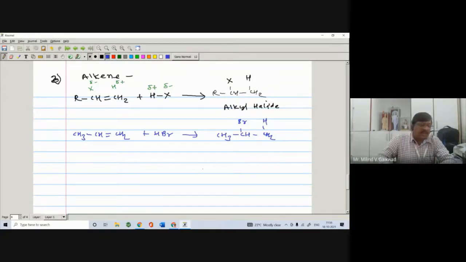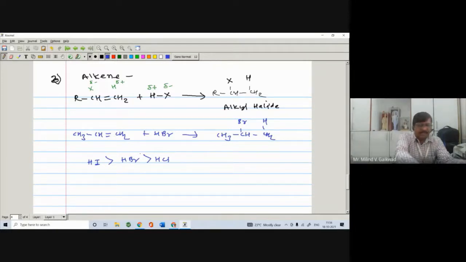So that is the formation of alkyl halide starting from alkene. Just by changing the H from the halide, you can get other examples also. If you see the reactivity of halogen acids, HI is more reactive than HBr, than HCl. This is about the reactivity of hydrogen halides towards the alkene compound.